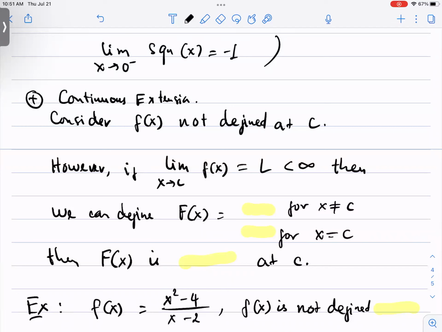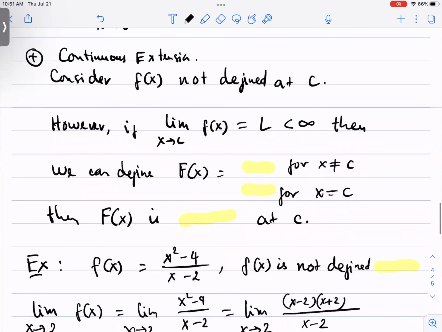However, if the limit of the function f of x equals L when x approaching c, then we can define f of x in the following way. So this is the function capital F of x to distinguish it from the function small letter f of x.